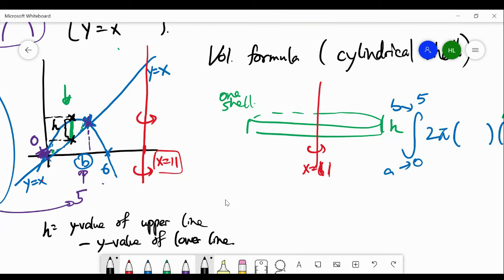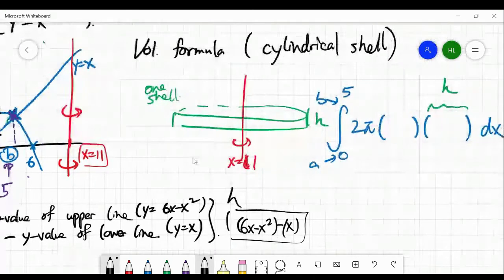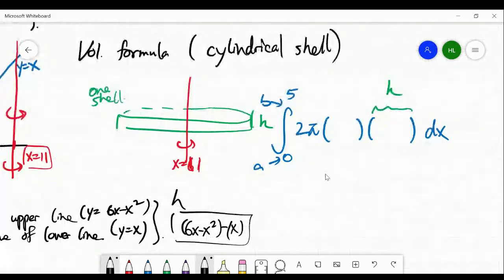So I think it's pretty obvious now. The upper line is what? It is y equals 6x minus x squared, right? And the lower line is y equals x. So let's combine them: the upper line minus the lower line. It should be our representation for the h, which is for the second bracket.